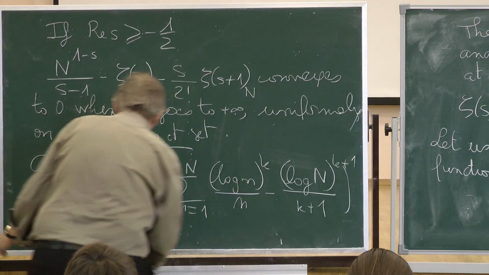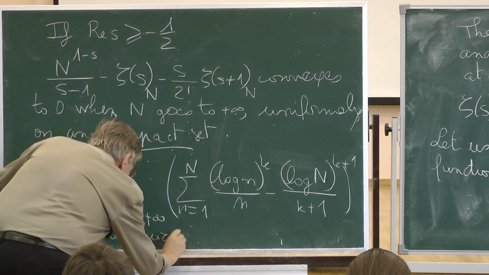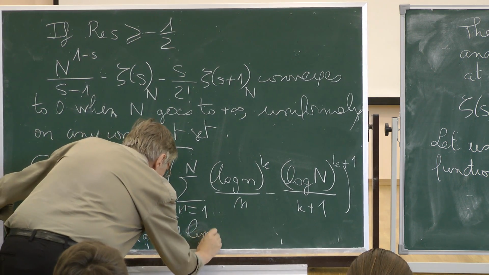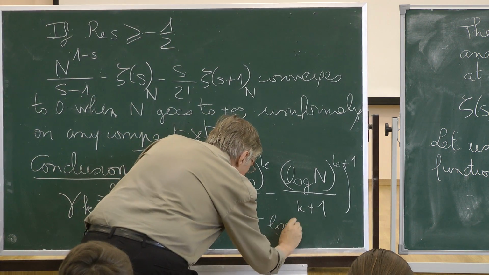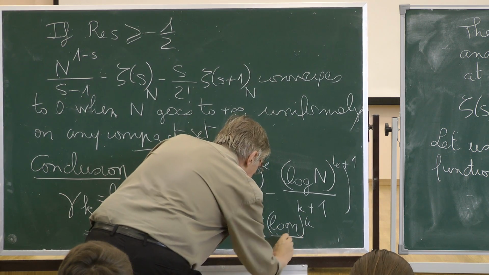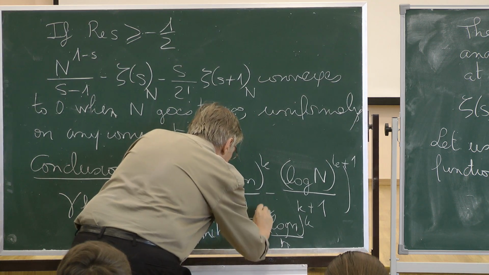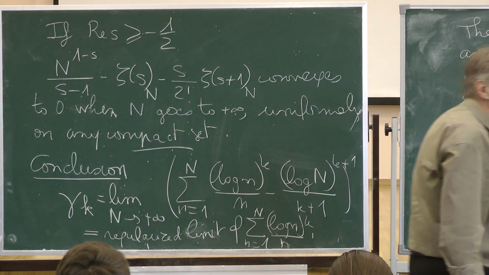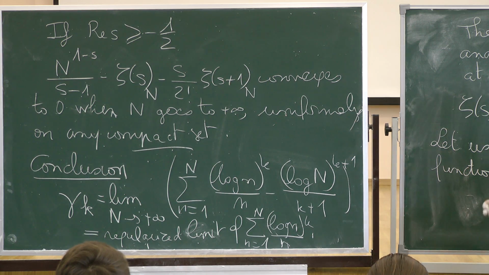And therefore, it is the same thing as the regularized limit of the sum of log n to the power k divided by n for n going from 1 to capital N, which is the theorem which I announced I would prove. So in fact, this is exactly the theorem.